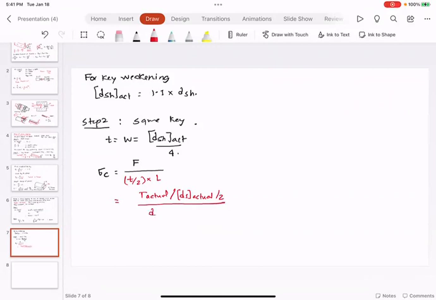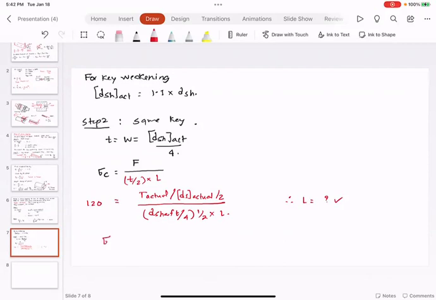T by 2 is D shaft actual by 4 multiplied by 1/2 multiplied by L is equal to 120. The only unknown in this equation is L, that can be found out.